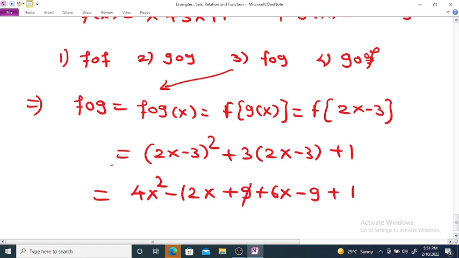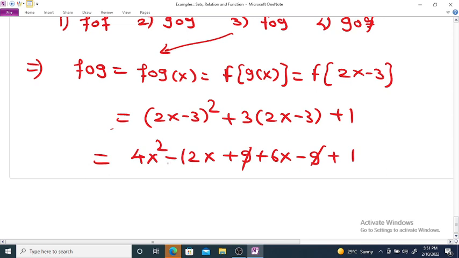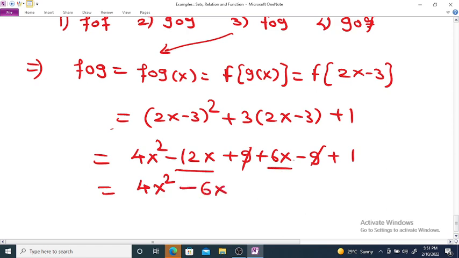So this plus 9 minus 9 will get cancelled, and it is equal to 4x square minus 12x plus 6x, it is minus 6x, plus 1. So this is the formula for f o g.